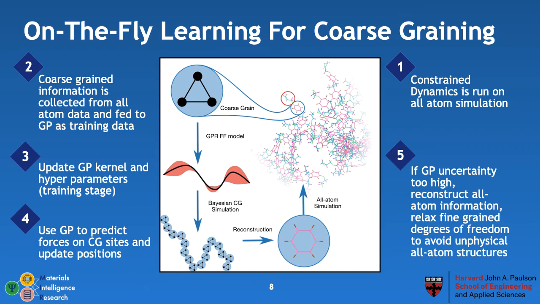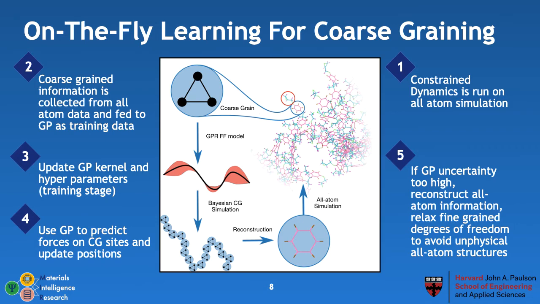In this framework, we start with a constrained dynamics run of an all-atom simulation. From the previous plots, the noise should indicate to us how much sampling will be sufficient. Then, we can coarse-grain this information and collect the average forces to use as training data. The hyperparameters of our model are updated in the training stage, and the Gaussian process is used to make predictions of forces on a coarse-grained site and take a molecular dynamics step.